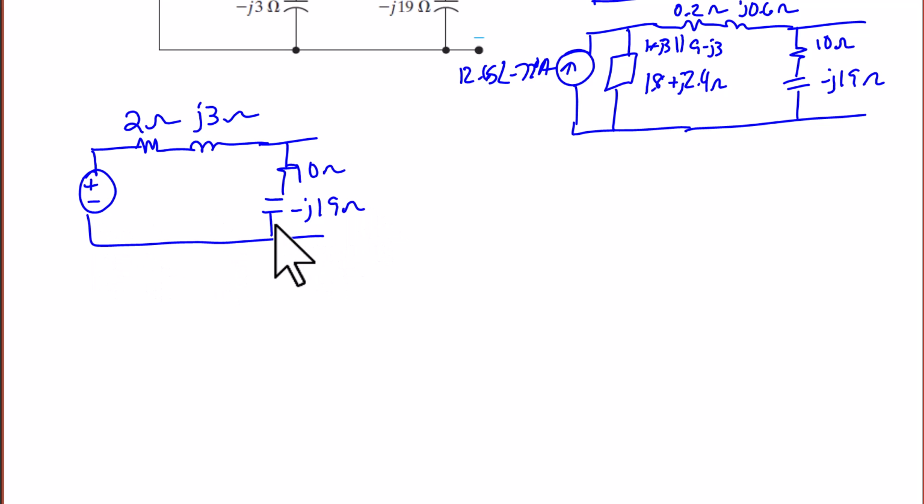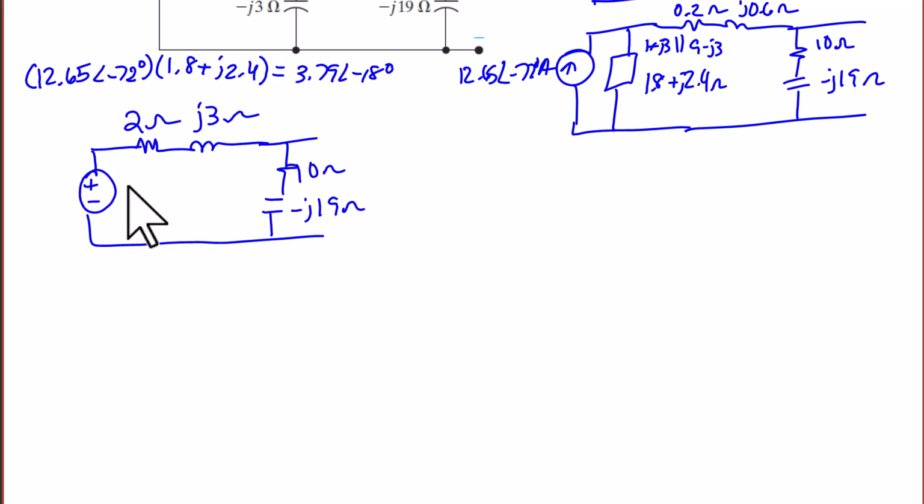The value of the voltage source is found by using 12.65 with an angle of negative 72 degrees times 1.8 plus J2.4, which yields the value of the voltage source as 3.79 with an angle of negative 18 degrees.